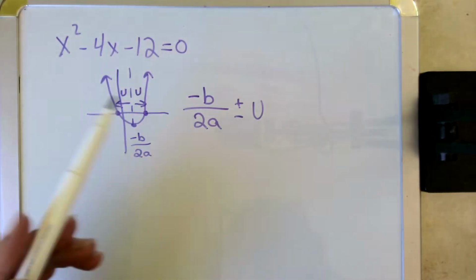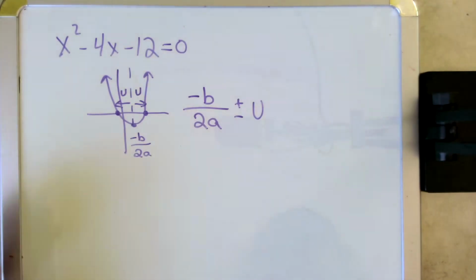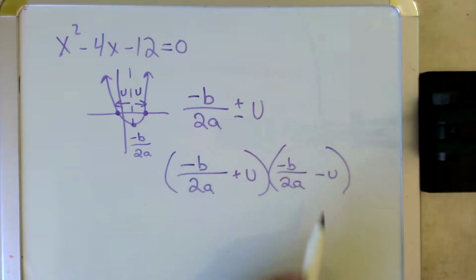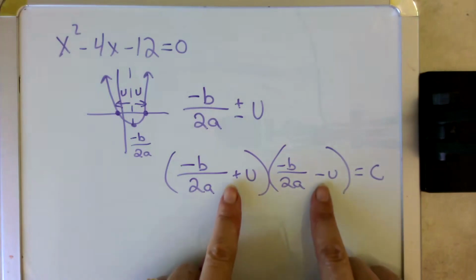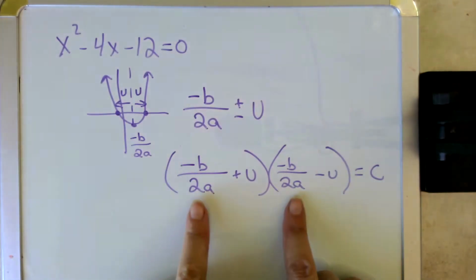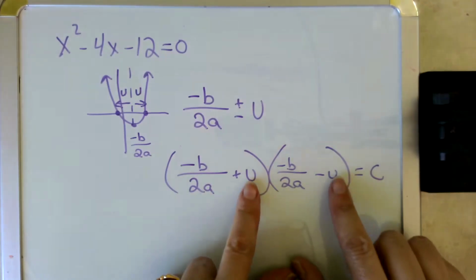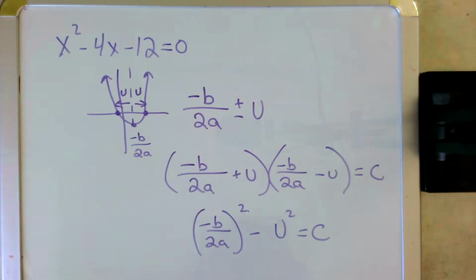If I take them and multiply them together, then I get my c. And I can see here that this is a difference of squares. So if I write them out as a difference of squares, that would be negative b over 2a, squared, minus u squared, equals c.